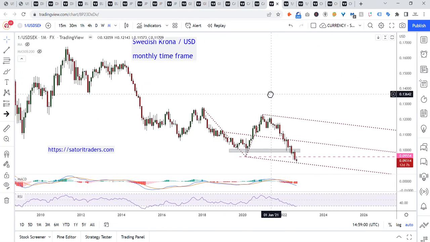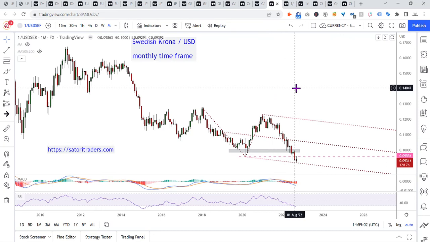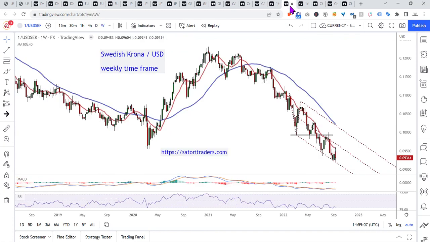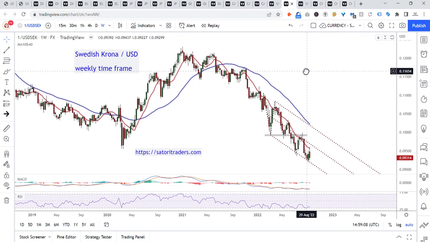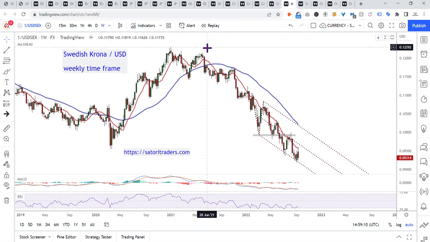The krona, we haven't had anything, no changes in interest rates, no talking heads that I'm aware of. But again, just fundamentally weak currency, technical downtrend, resistance at the 10-week moving average and pulled back from that level, support at the lower median line of this modified Schiff pitchfork.